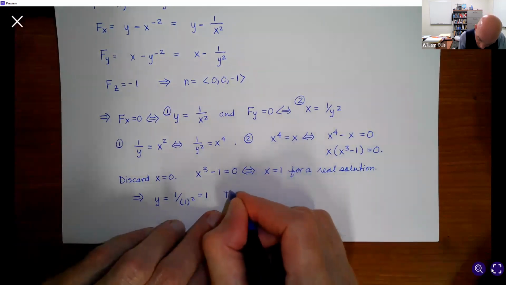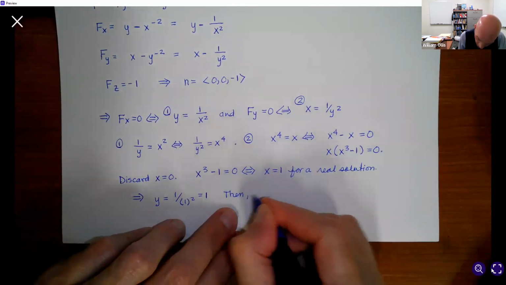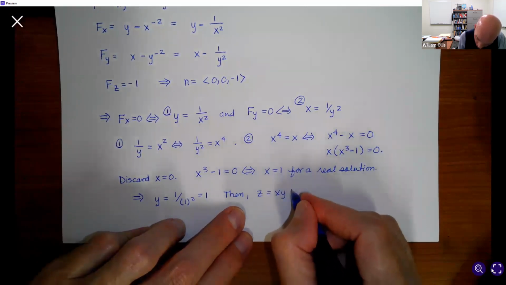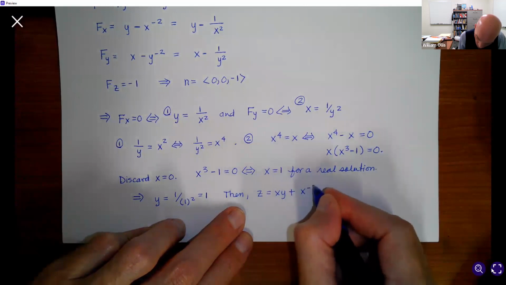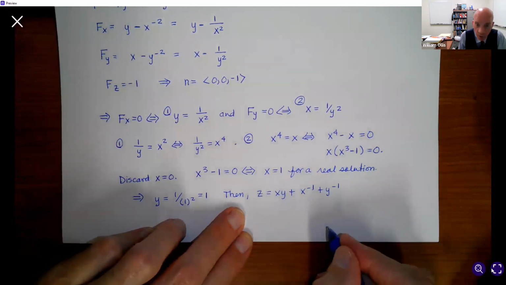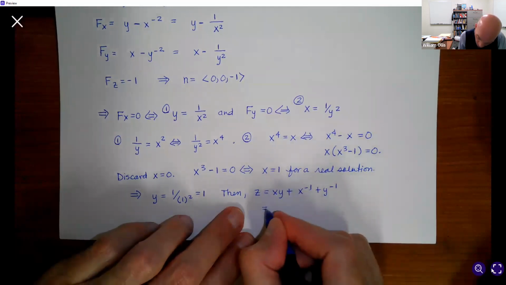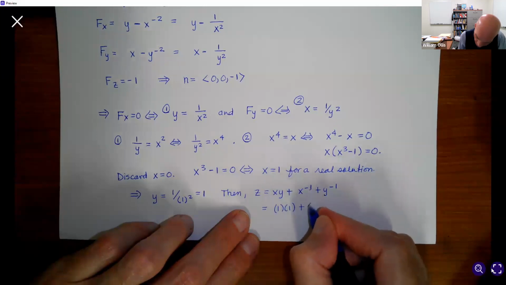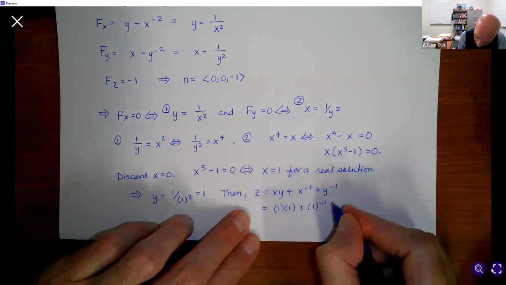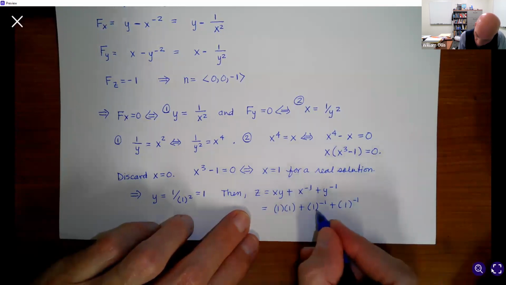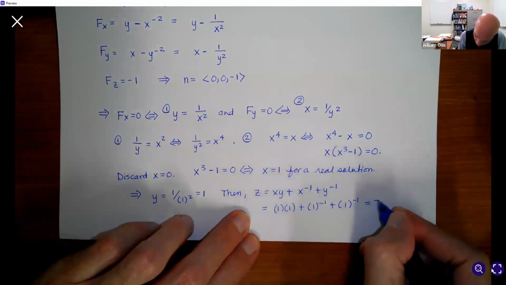So then, using z equals xy plus x to the minus 1 plus y to the minus 1, we'll just substitute 1 for x and y. This will give us 1 times 1 plus the reciprocal of 1 plus the reciprocal of 1. All ones, obviously, so 1 plus 1 plus 1 is 3.